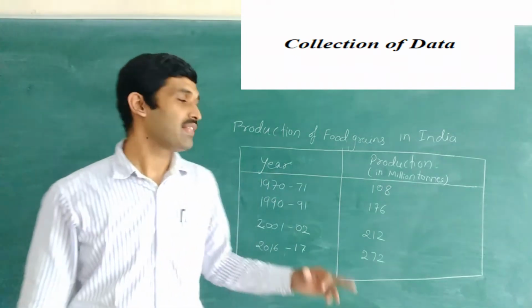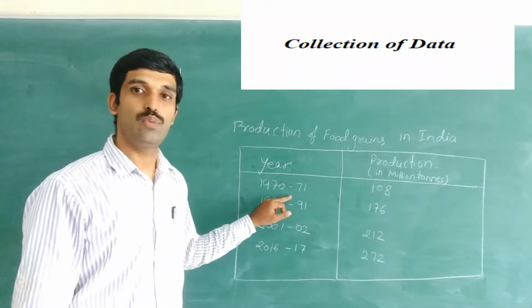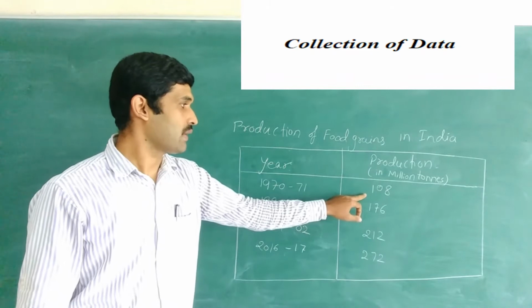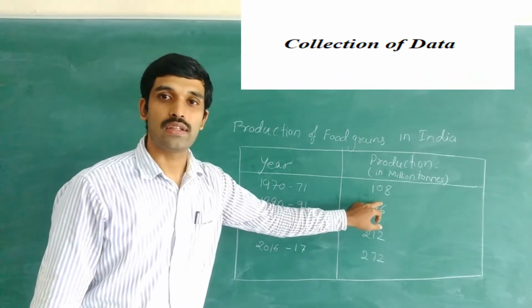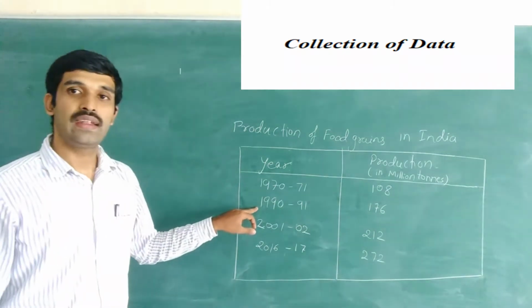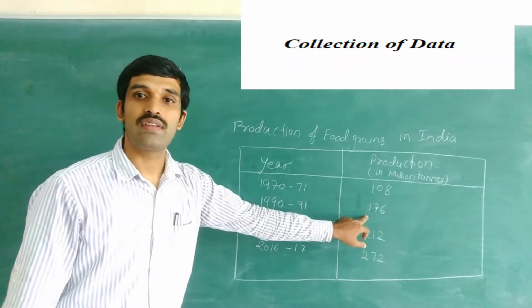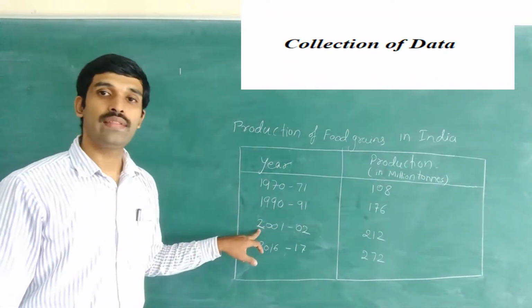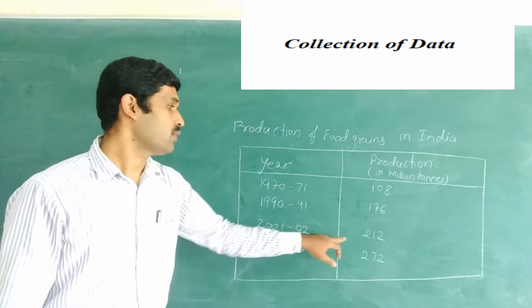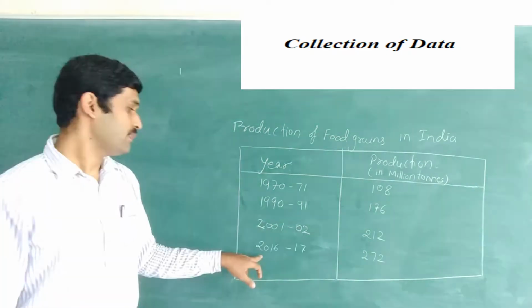See here, in this table, we can observe that in 1970-71, production of food grain is 108 million tons, and in 1990-91 it is about 176 million tons, and in 2001-02 it is about 212 million tons.